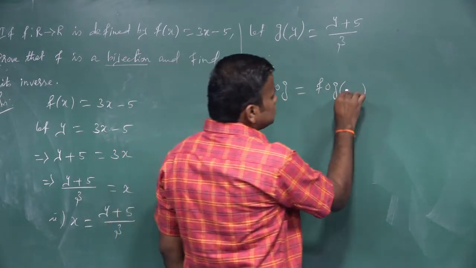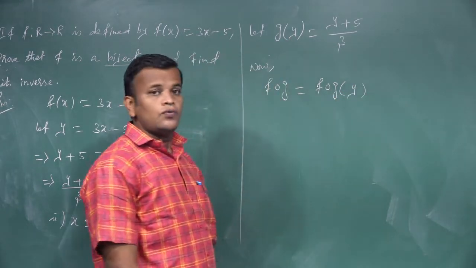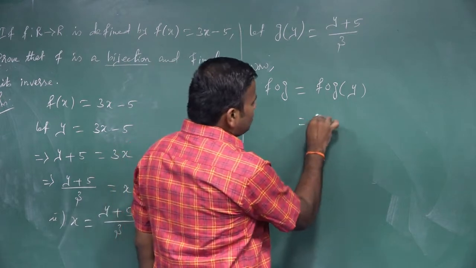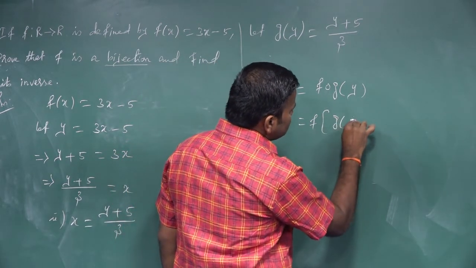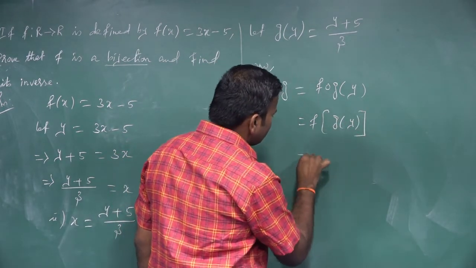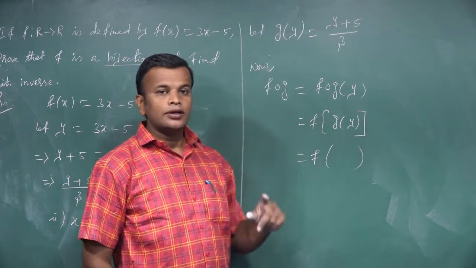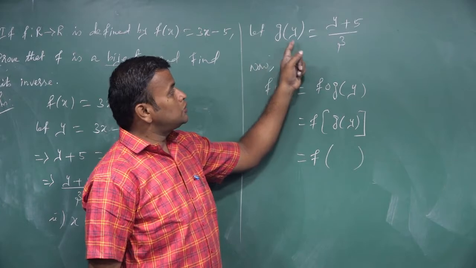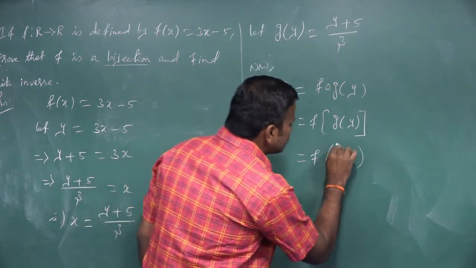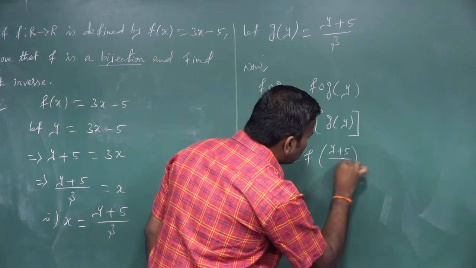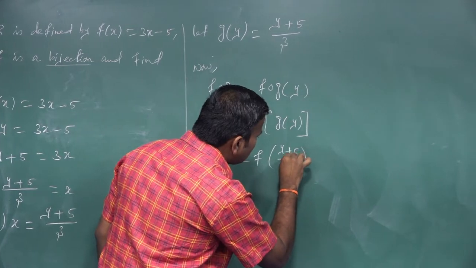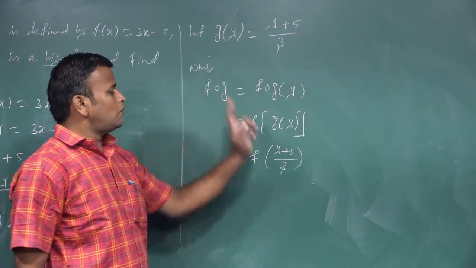So we say it is f dot g of y. How to write f of g of y? What is the value of g of y? It is (y plus 5) by 3.